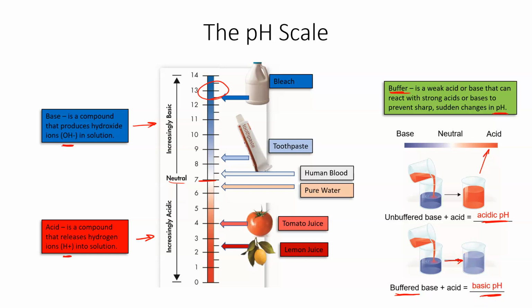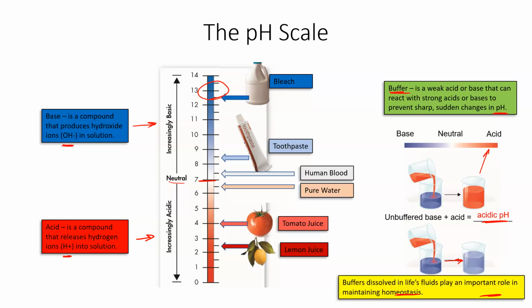When we talk about living organisms, we want to prevent that living organism from changing the pH drastically because that could have life-threatening implications. So buffers prevent sudden changes in pH. It helps to make it a little more stable, and it absolutely helps to maintain homeostasis.